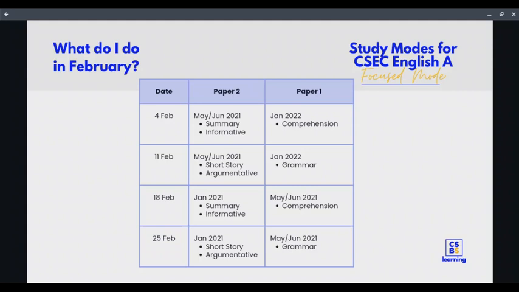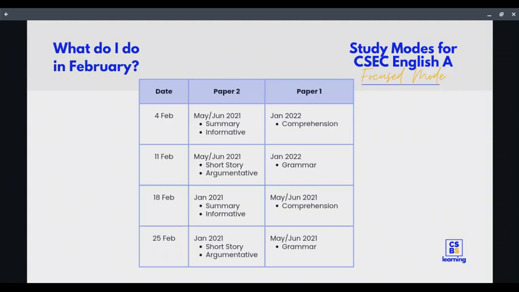If that sounds weird to you, maybe you have never seen a paper one. It's split between a lot of grammar and vocabulary in the first half, and then the second half is comprehension. Sometimes comprehension starts from question 35, often around there. So you want to work on the comprehension first, and then work on the grammar the following week.